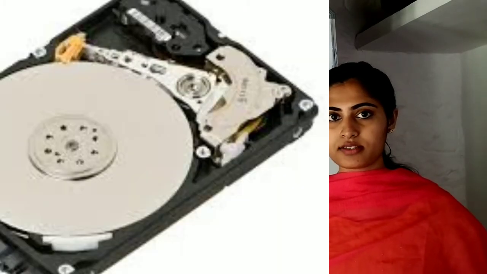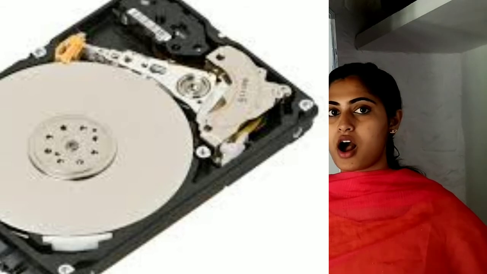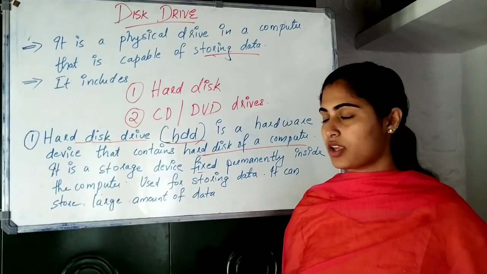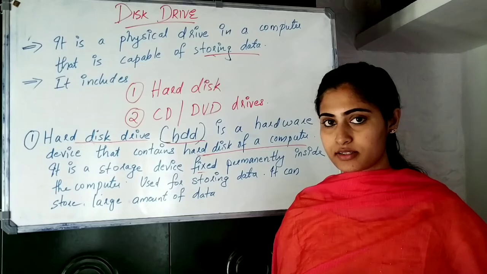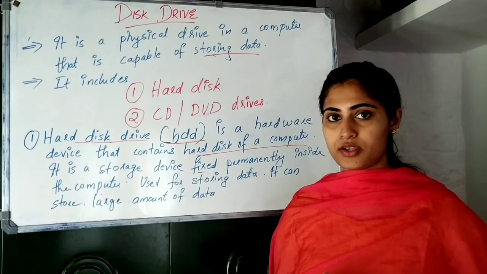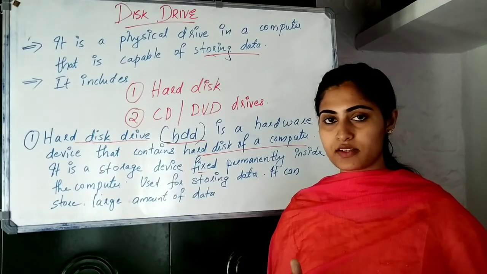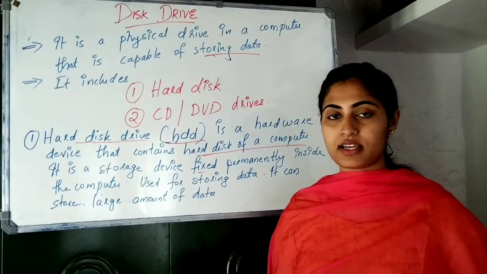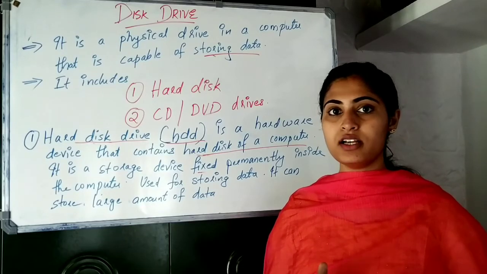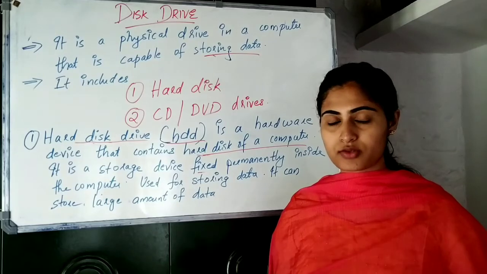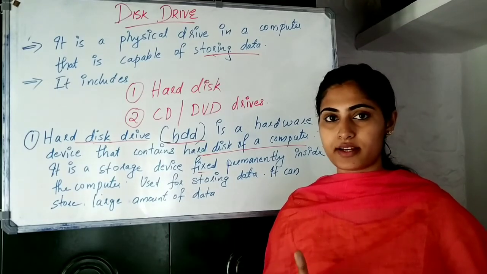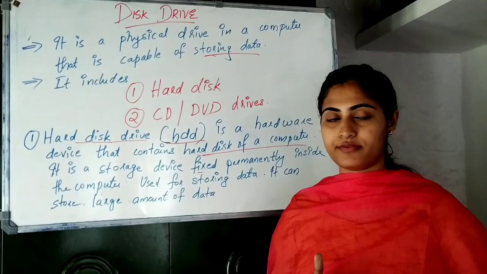So the hard disk is present inside the hard disk drive. And this hard disk drive is used for storing data. It is a storage device that is fixed permanently inside the computer. We can store a large amount of data inside this hard disk drive.